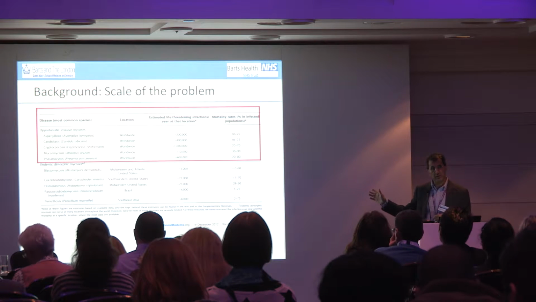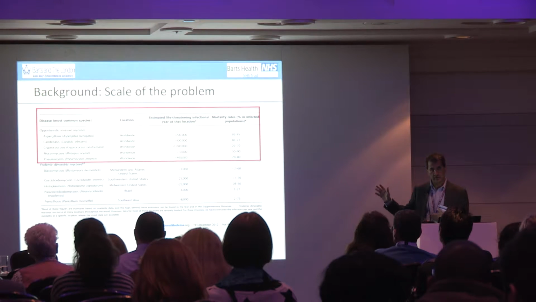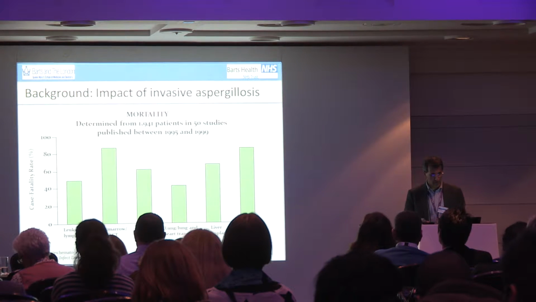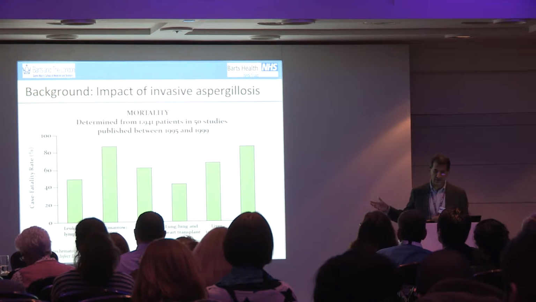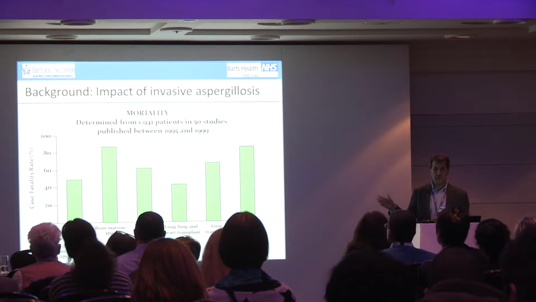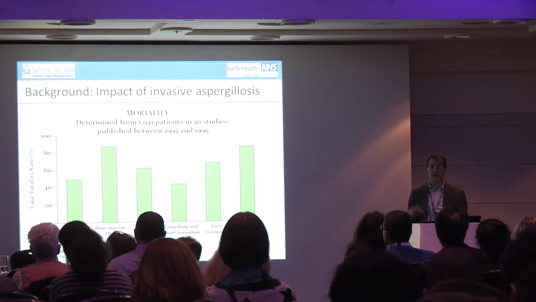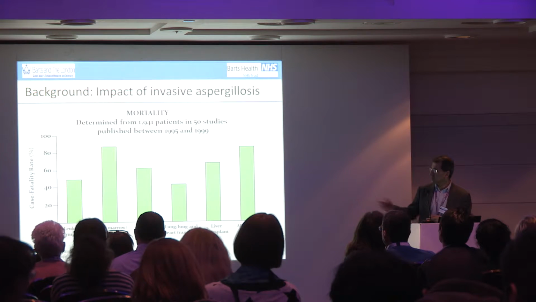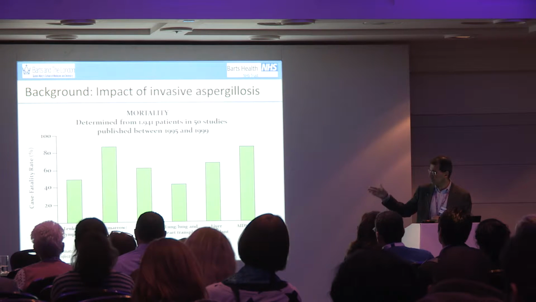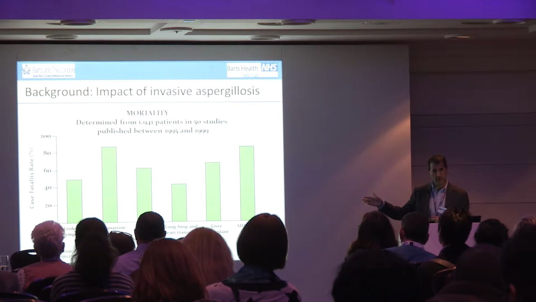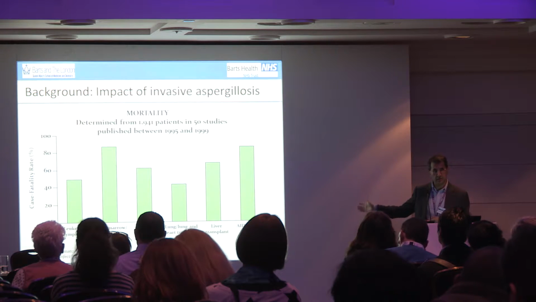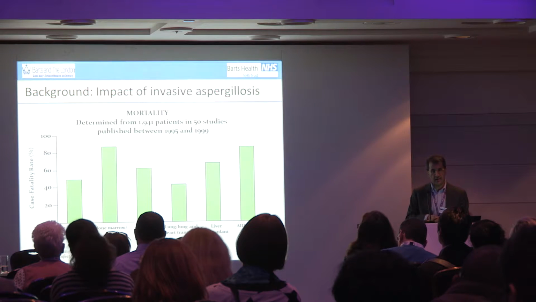Now, the final column shows you the range of mortality associated with these infections, and I'm just going to focus on the setting here of the patients who are most at risk of invasive fungal infections in general, including invasive mould disease. And you can see the different settings across the bottom: leukemia and bone marrow transplantation, other forms of solid organ transplantation, and then immune depression with retroviruses at the end.